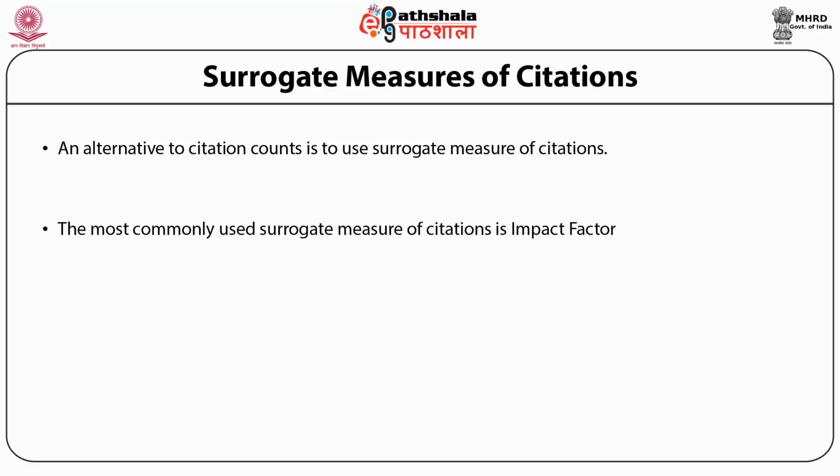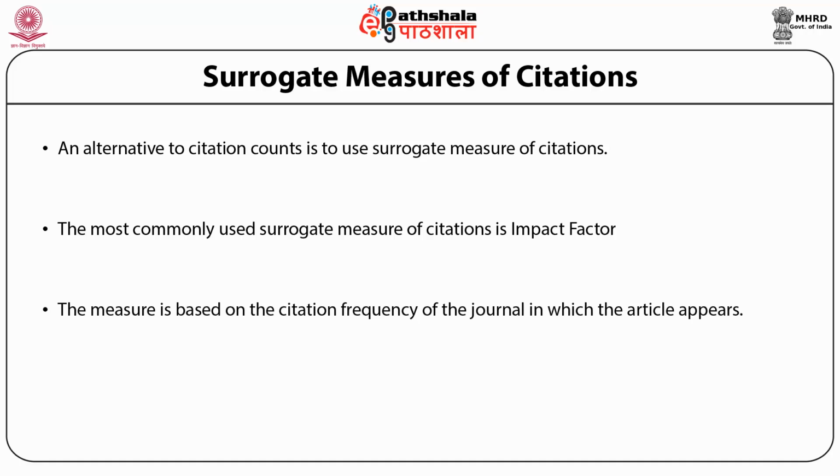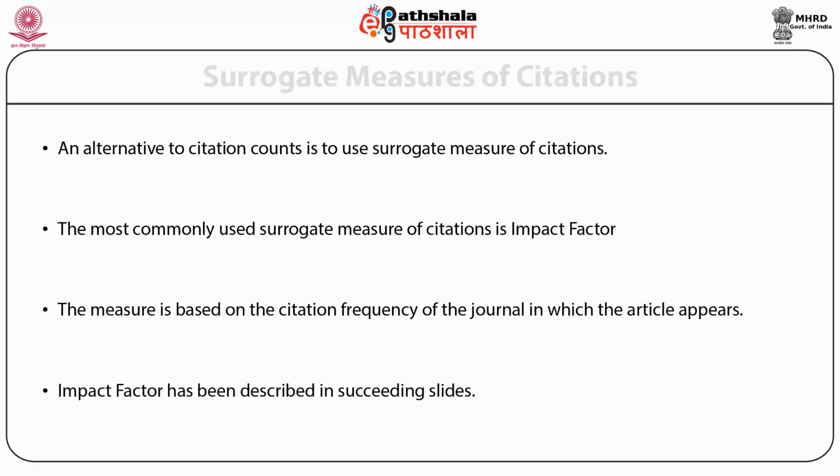The most commonly used measure of citations using surrogate measures is impact factor. This measure is based on the citation frequency of the journal in which the article appears. Impact factor is described in succeeding slides.